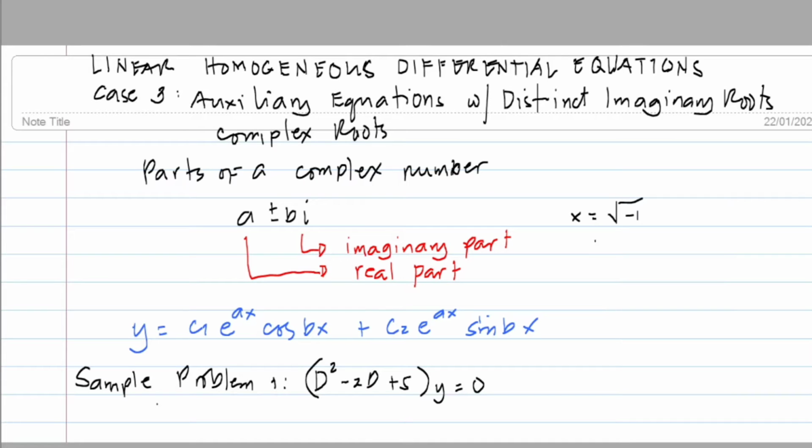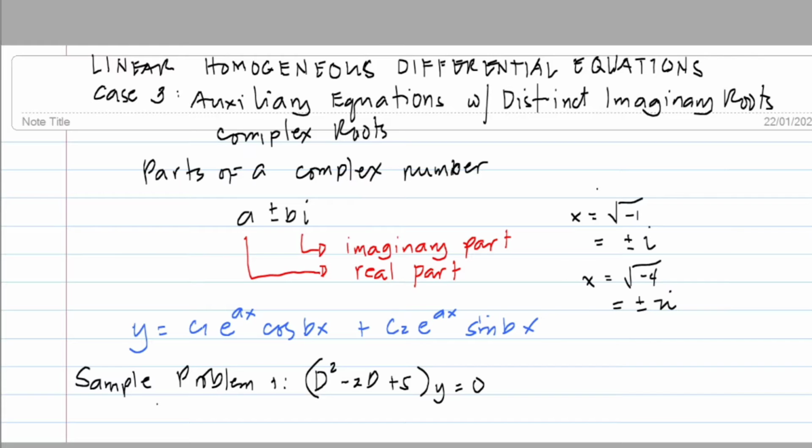Ang sagot niyan ay positive, negative i. Example, x is equal to the square root of negative 4. So the answer is x is equal to positive, negative 2i.